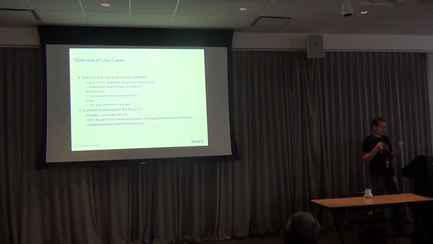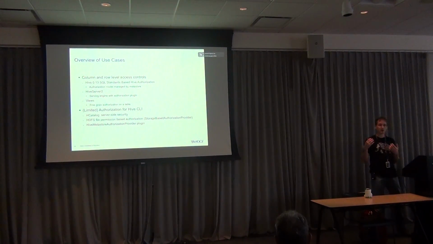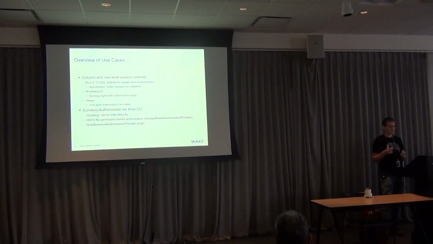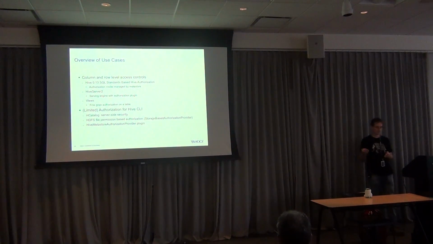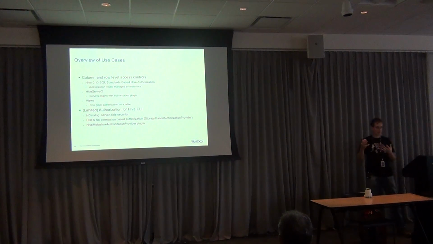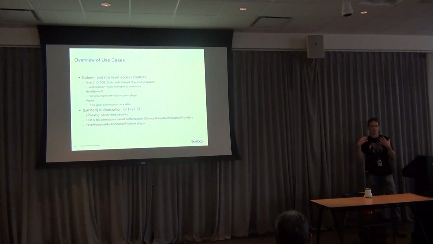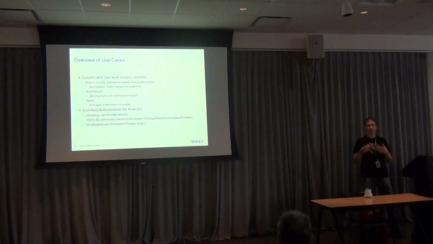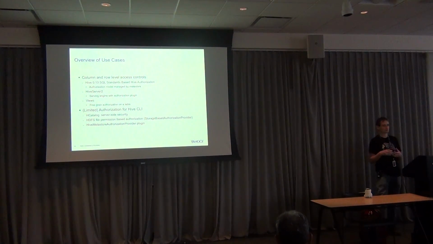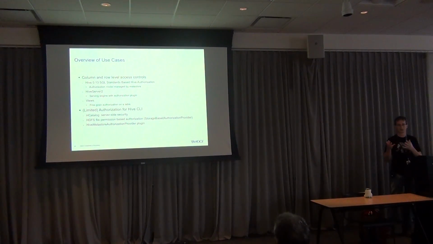Again, to emphasize what Tejas was saying, for the column and row level based access controls, how we would implement that is based on the Hive 13 SQL standards based Hive authorization patch that was added. This is managed by the Metastore. It's implemented within the HiveServer2 engine, and it uses views to provide fine-grained access control to any particular table that you wanted to grant limited access to.